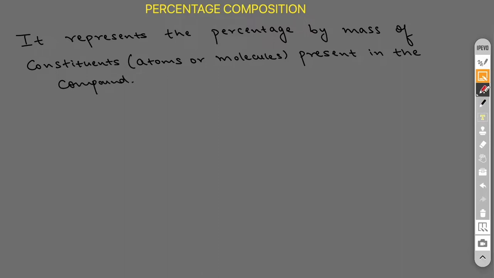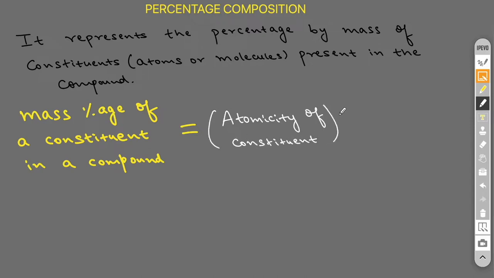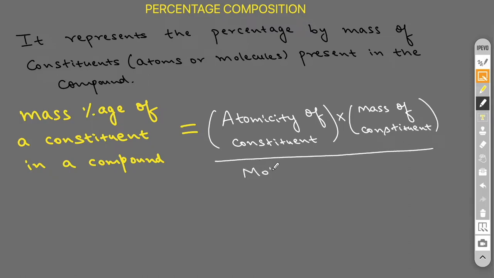Also we'll write the formula. Let mass percentage of a constituent in compound is equal to atomicity of constituent multiplied by mass of constituent divided by molecular mass of compound multiplied by 100.